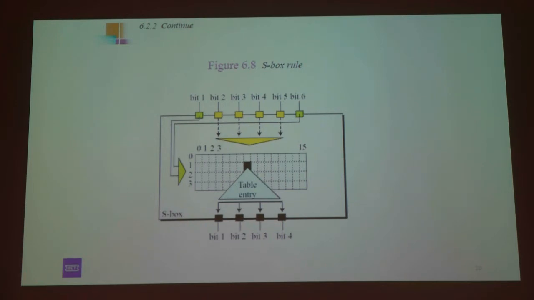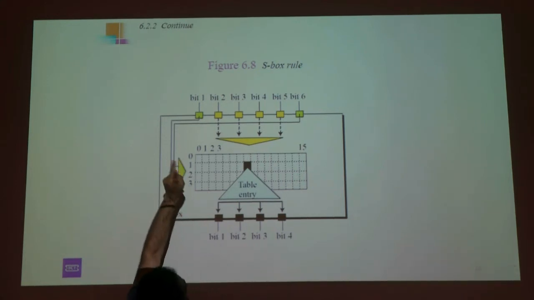You have 6 bits, right? You take the first 2 bits and that will be the row number. If you have 2 bits, how many options do you have? 4. 4 rows. And with 4 bits, how many options do you have? 16.